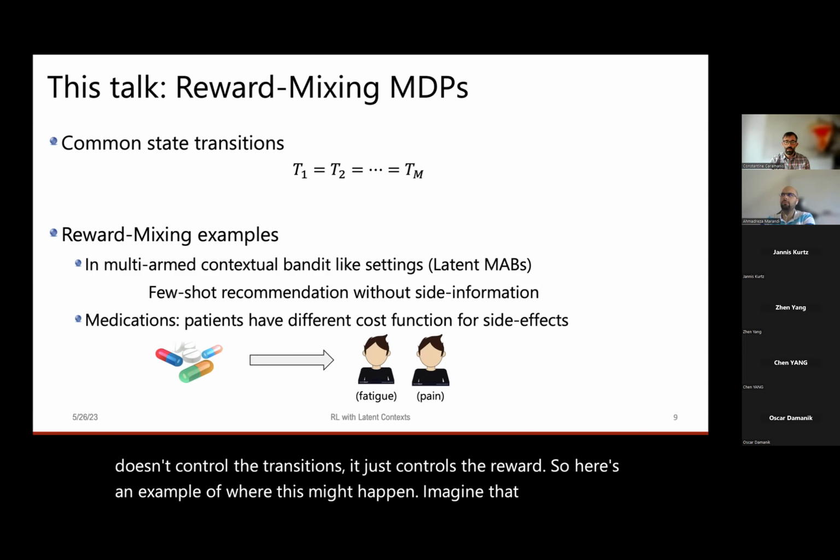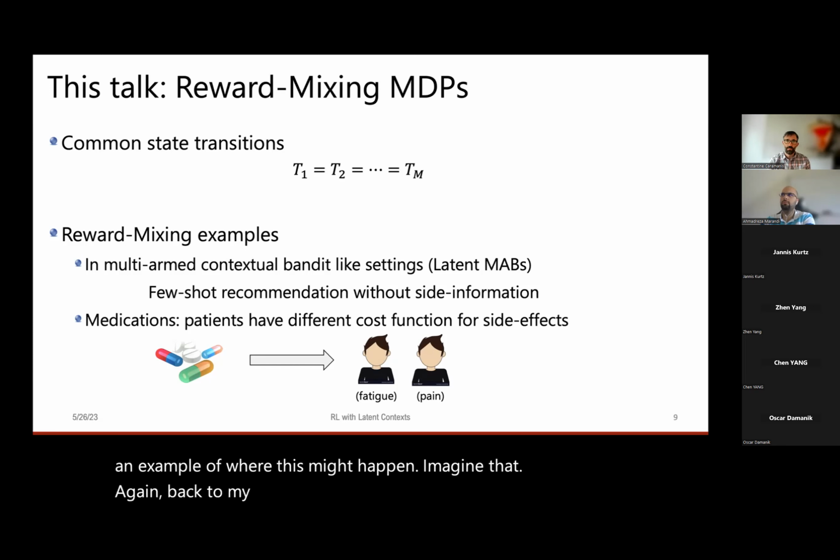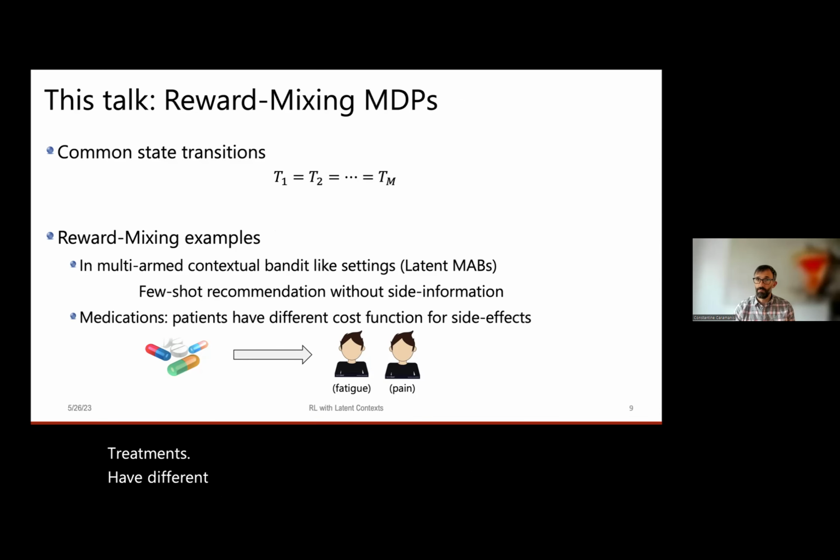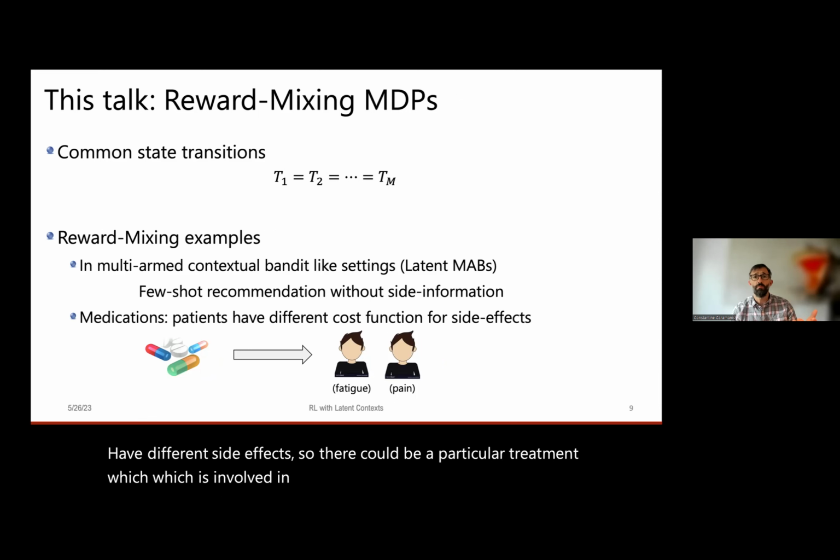So here's an example of where this might happen. Imagine, again back to my medical example, that different treatments have different side effects. There could be a particular treatment which involves somewhat more pain for the patient, but doesn't cause any drowsiness.